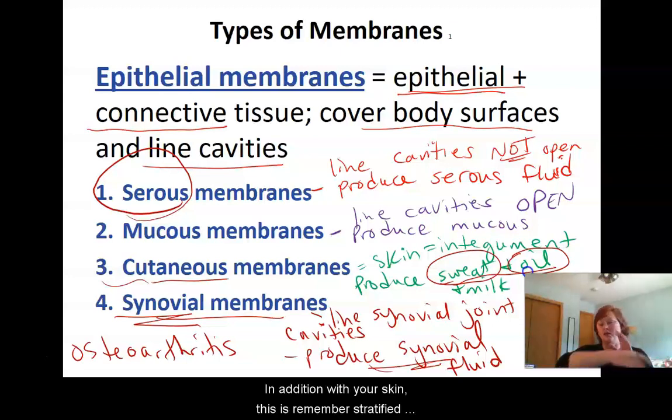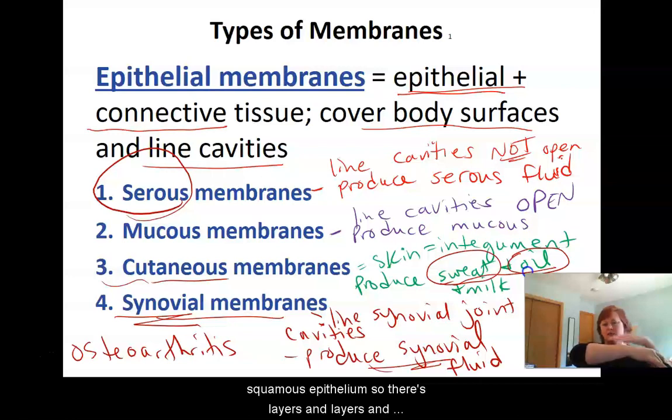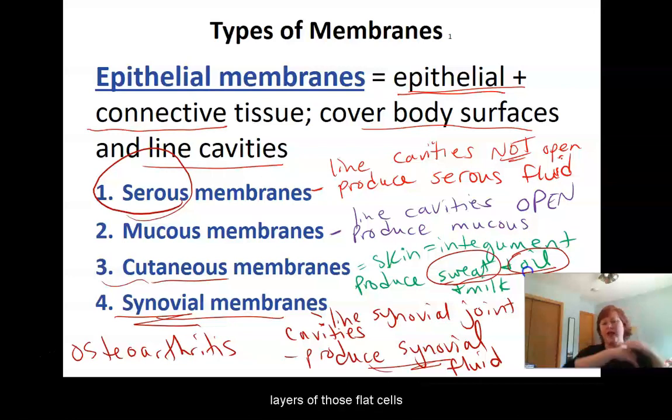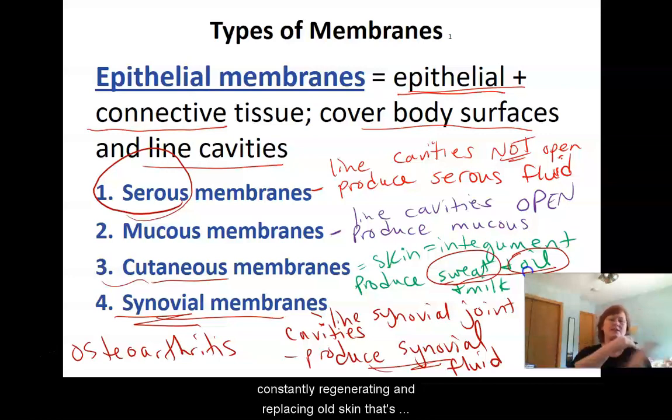In addition, with your skin, this is, remember, stratified squamous epithelium. So there's layers and layers and layers of those flat cells. And you're constantly regenerating and replacing old skin that sloughs off, all that dust in your house. As you age, you replace the skin more slowly, so your skin layers get thinner and thinner.